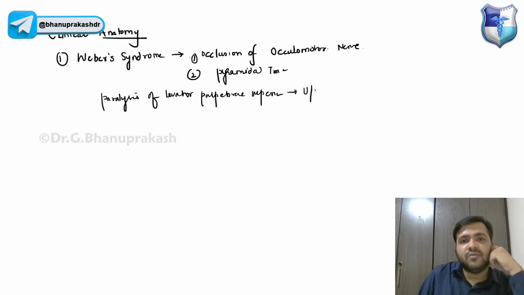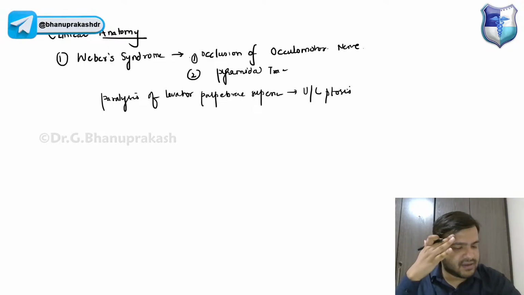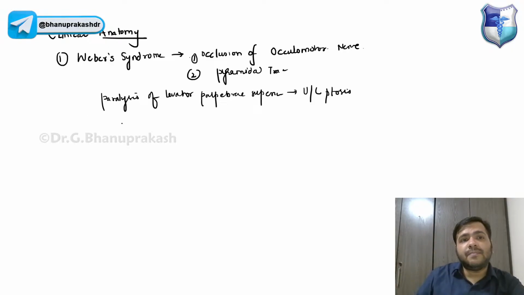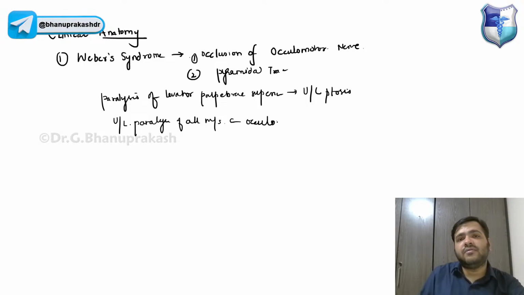There will be unilateral ptosis, that is drooping of the eyelids, guys. There will be unilateral paralysis of all muscles which are not supplied by the oculomotor, that is the third cranial nerve.